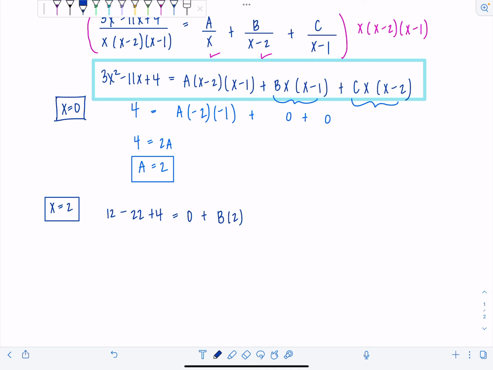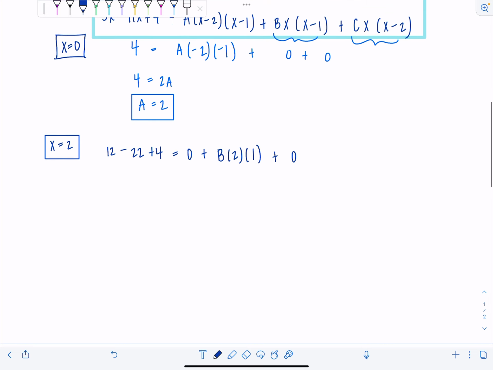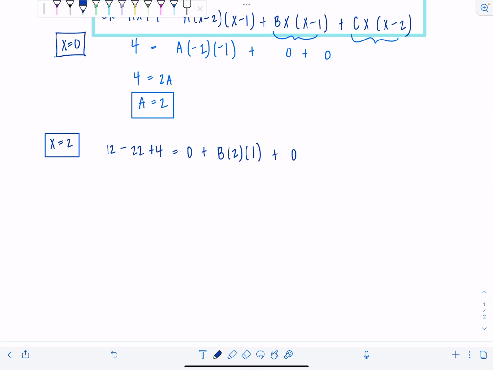We're plugging in 2 for x. And then 2 minus 1, that's 1. Plus, and this last whole term is going to go to 0 because we're plugging in 2 for x again, remember? 0. All right, love it. On the left-hand side, we've got 12 minus 22, that's negative 10, plus 4, that's negative 6, equals 2B. So B is equal to negative 3.